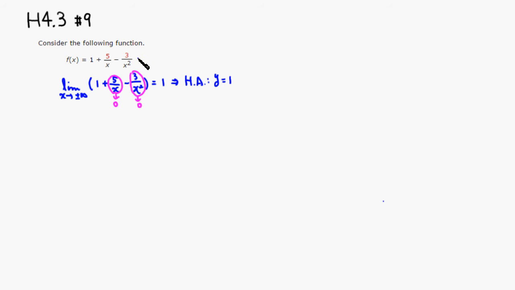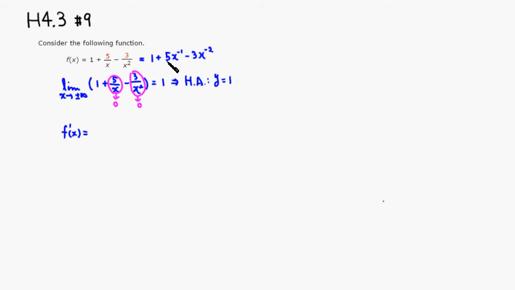Before we take the derivative, I'm going to rewrite the original function as 1 plus 5x to the negative 1 minus 3x to the negative 2. So f prime of x is equal to the derivative of 1, which is 0.